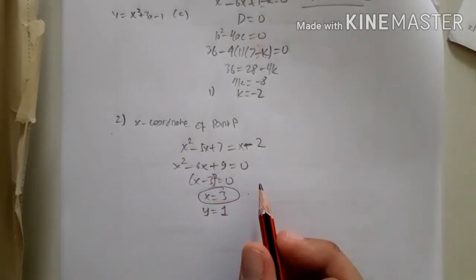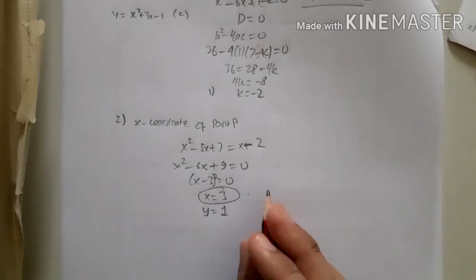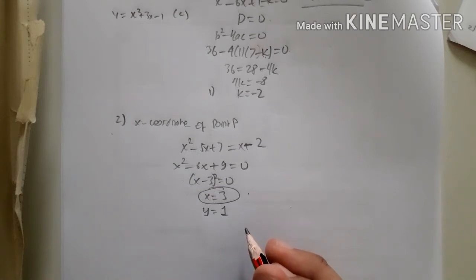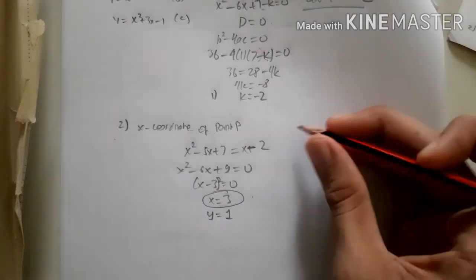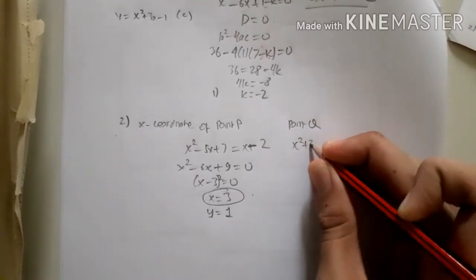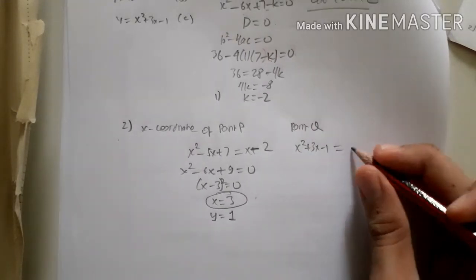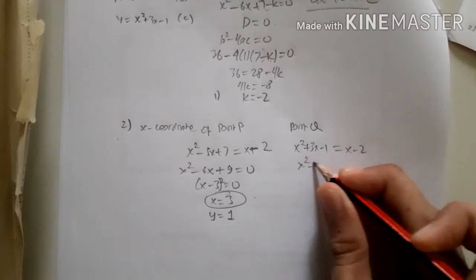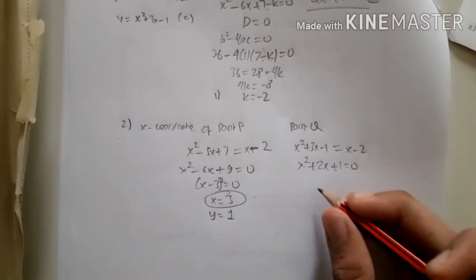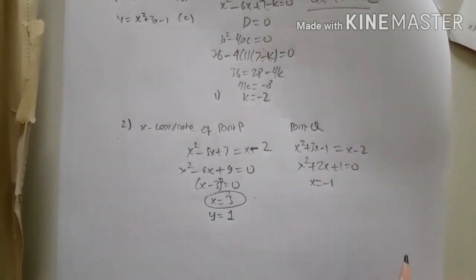Then there's the x-coordinate of point Q. Point Q is the point of tangency of line A and parabola C. For the x-coordinate of point Q, we just make them equal, which gives x is minus 1.